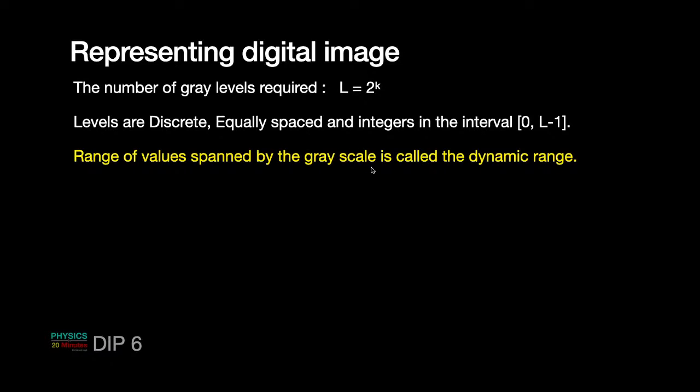So if it is going from very dark to very bright with more number of intervals, then we say that it has a high dynamic range. And if it is less dark, less bright, and has fewer intervals, then it is called low dynamic range. So this is one term you will often hear.